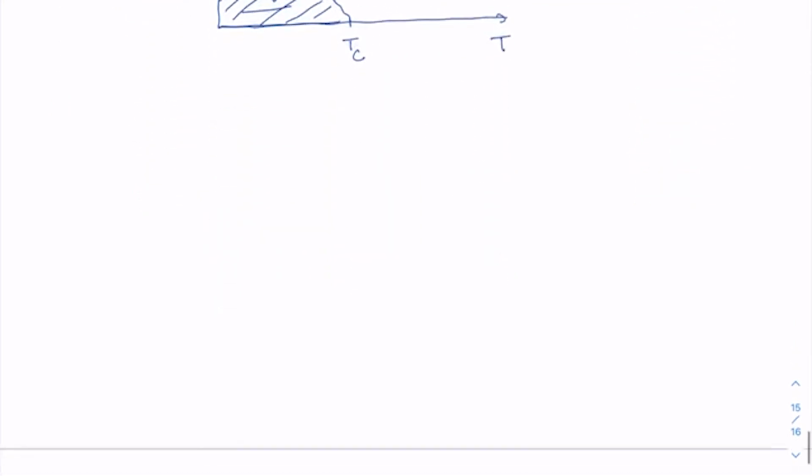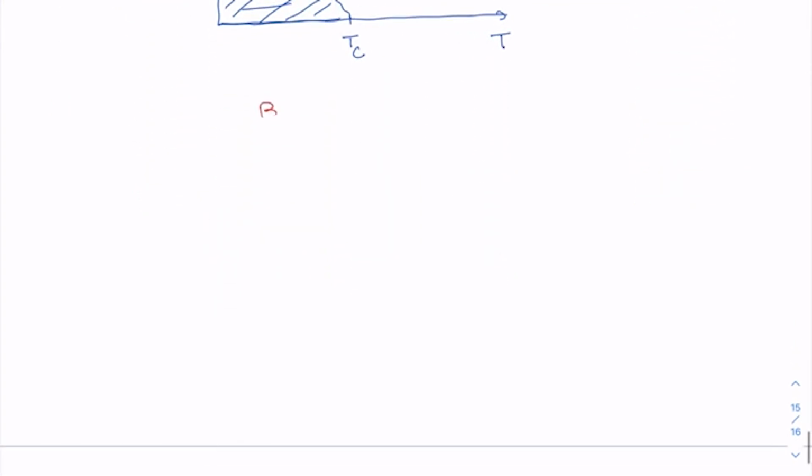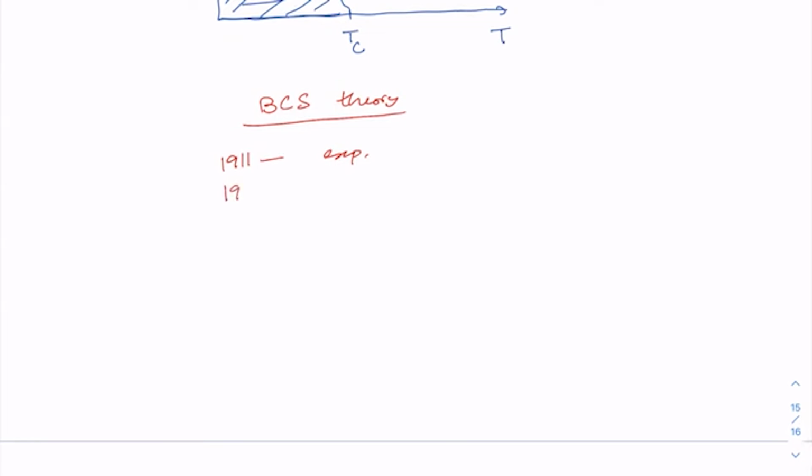Now I will briefly discuss the so-called BCS theory. As you know, superconductivity was discovered experimentally in the year 1911. But the rigorous quantum mechanical and correct theory was given only in the year 1957, and this theory is called the BCS theory.